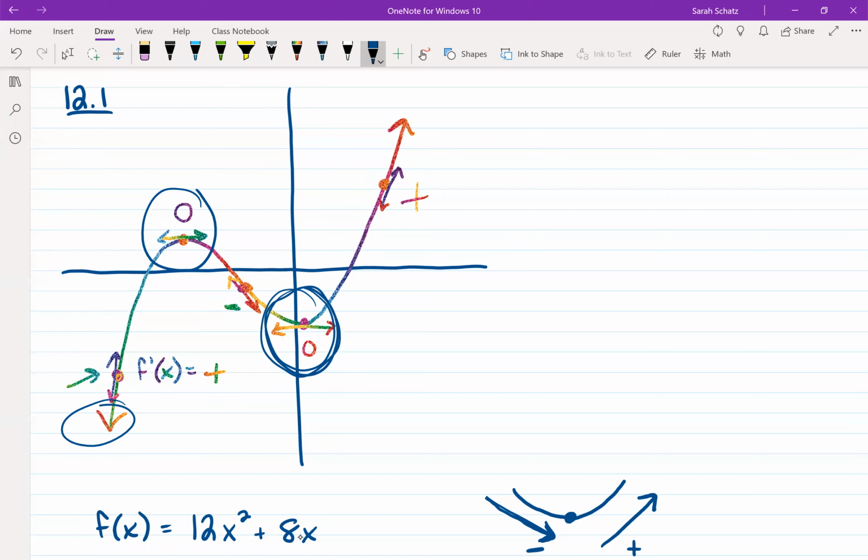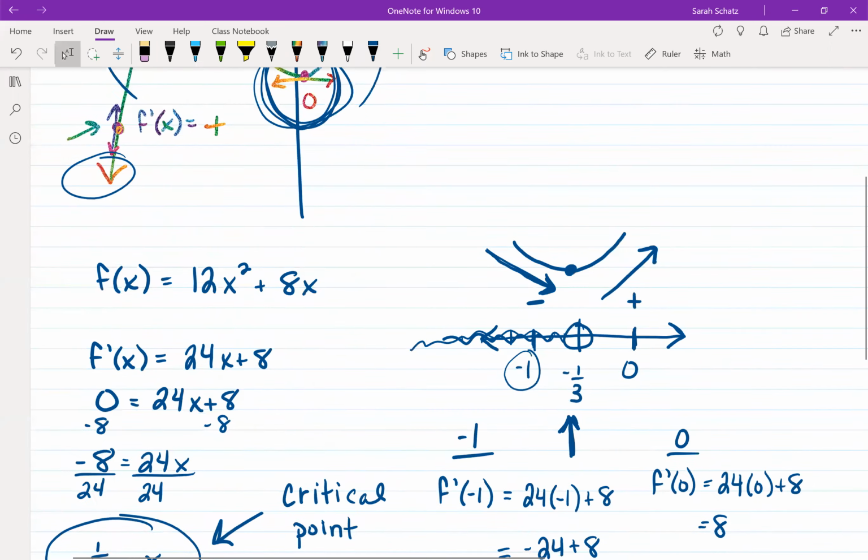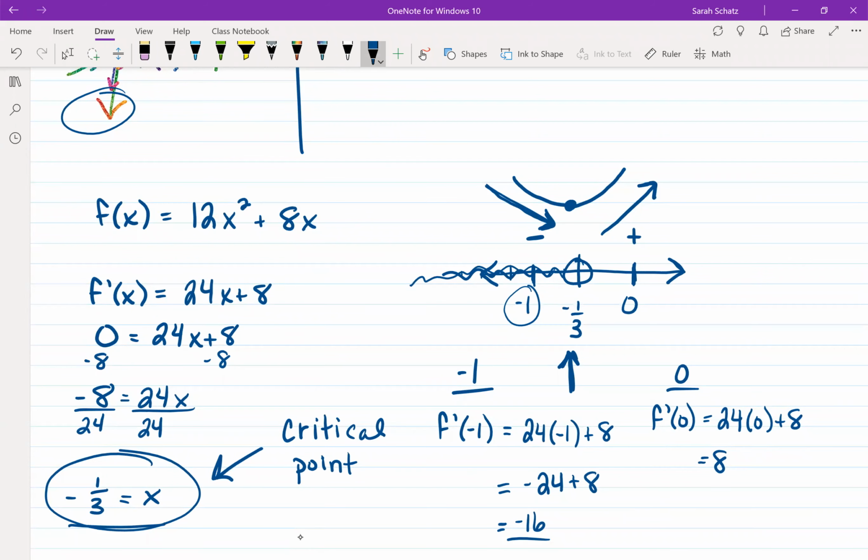Notice this graph actually goes down forever, but it's what we call a local minimum. In this general vicinity, it is the minimum point. This point up here is a local max. And you can always tell if you draw that little picture on your number line. So this point for us, the -1/3, is a minimum.